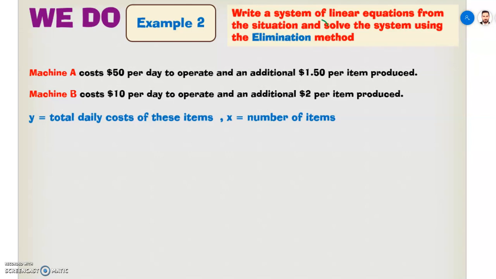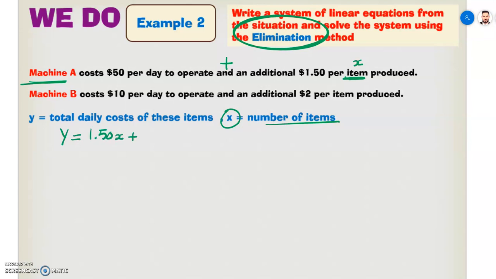Use the elimination method. Okay, machine A costs 50 per day to operate, and there is an additional fee of 1.50 per item, and item is X. Okay, let's write our first equation. Y is equal to 1.50x plus 50.